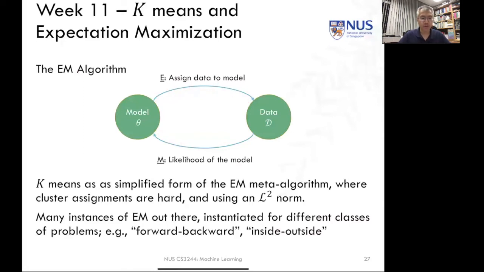We can think of the k-means algorithm, which assigns the classification of points to a cluster to a centroid, as a simplified form of the EM algorithm, where the cluster assignments are actually quite hard, right? That means each point belongs to a specific class.